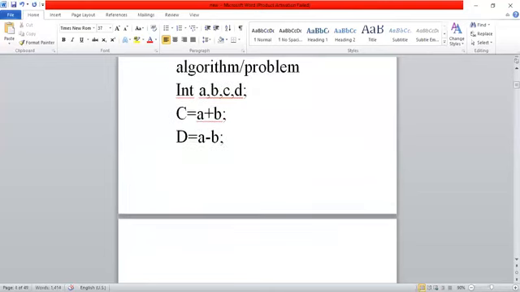In a previous video I explained the introduction to algorithms, but I forgot to tell the definition of an algorithm in a very easy manner. I have already given some definitions: a step-by-step procedure for solving the problem, or a sequence of statements required to solve the problem, or a group of instructions required to solve the problem.